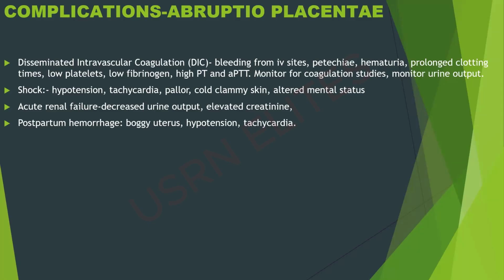And once there's delivery, the uterus, instead of contracting, because of hemorrhage, will be bulging. So what are you going to do? Between giving fluid and massaging the uterus, what do you think is important here? You massage it.